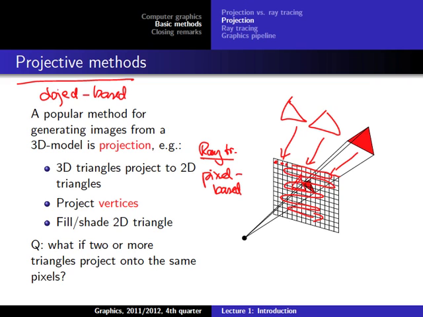So in the end, we also end up having 3 triangles here, but we get them not by going through all pixels and thinking about what we should draw at this pixel, but by going through all the objects and saying these are all the objects I have in the scene, so this is what I want to draw on the screen, which of course is more efficient if you only take 3 triangles.